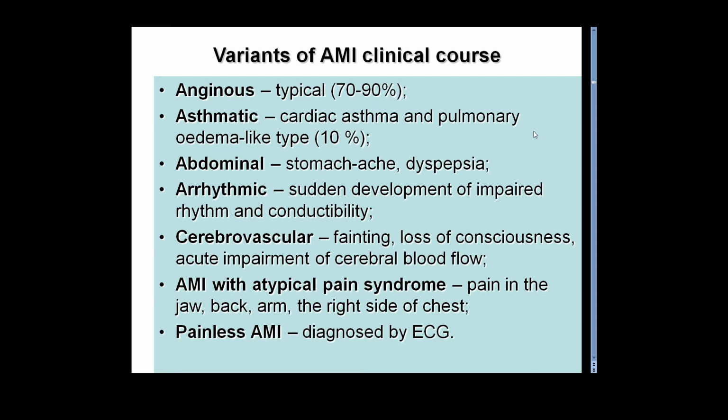The other variants, asthmatic, abdominal, arrhythmic, cerebrovascular, acute MI with atypical pain, and the painless variant, are atypical variants. Atypical variants occur in four main categories, I repeat: younger patients up to 40, older patients more than 75 years, diabetics, and females.